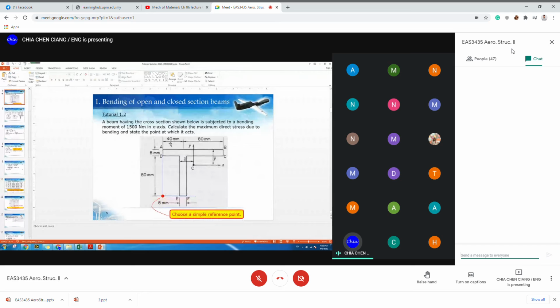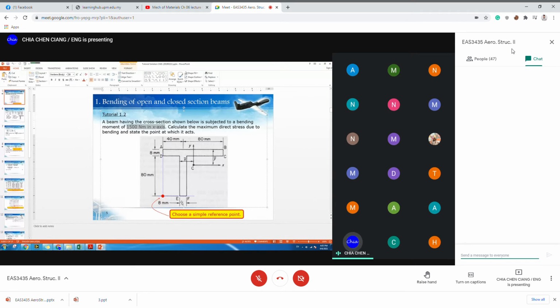Yeah, you see the question? It's a bending moment of these values in x-axis. So if you apply any bending moment in x-axis, point F is the critical point. Point F will fail first if we increase the bending moment in x-axis.